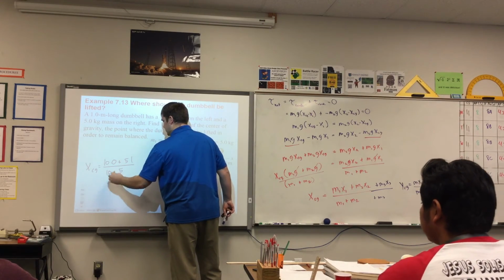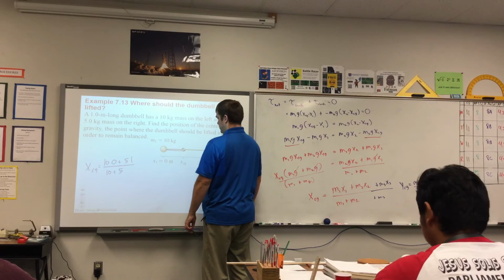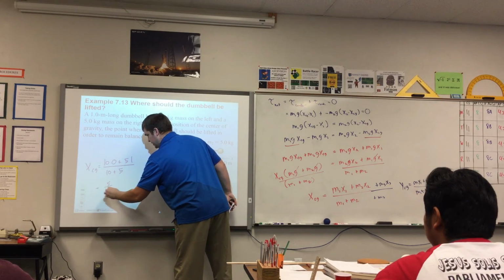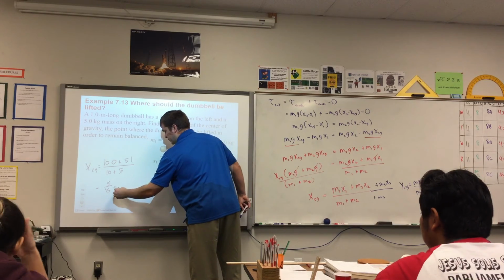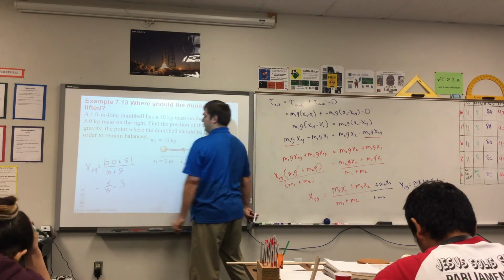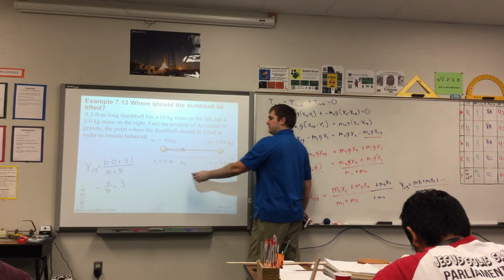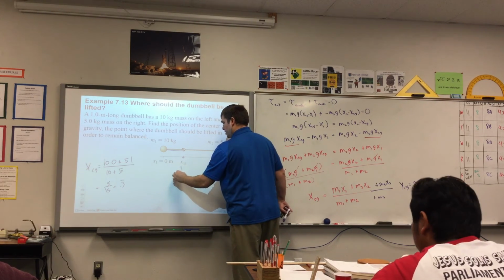So it turns out to be 5 over 15, which is 1/3, or we'll just say 0.3 meters. So if that's at 0 meters, and this is at 1 meter, this right here is at 0.3 meters.